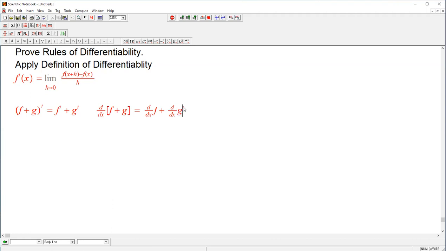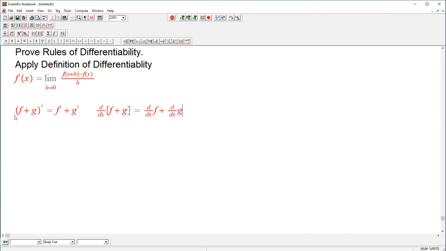So you see how I read it? The derivative of a sum is the sum of the derivatives with respect to the same variable. This is very important for us to understand now, even though there's hardly any concern.